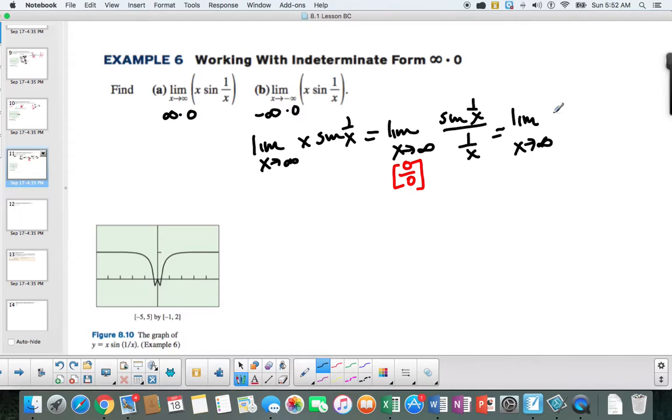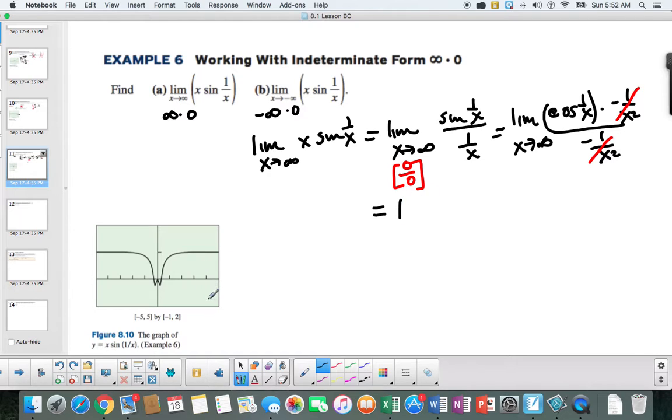So this is going to be cosine of 1 over x, and then you've got to use the chain rule times negative 1 over x squared, and this will be negative 1 over x squared, and these will reduce, and I'm just going to have to substitute in, taking a look at as the denominator gets larger and larger, this becomes cosine of 0, and cosine of 0 is 1.